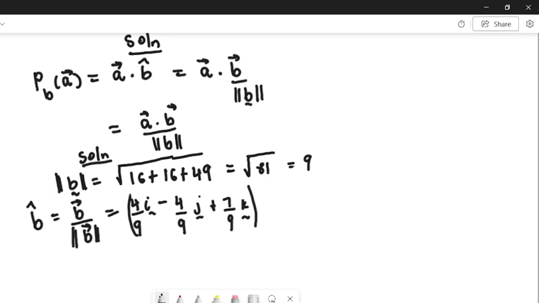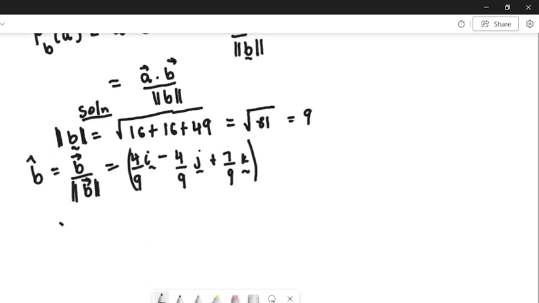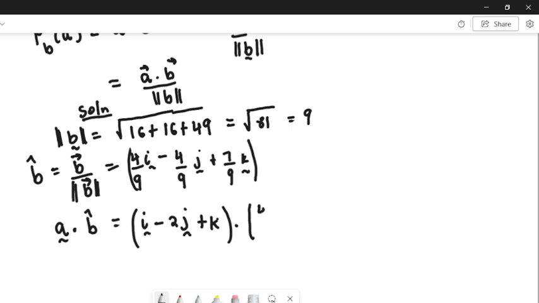Our next step is to multiply it by A. So we have A dot B hat, which is simply: our A is i minus 2j plus k, dotted with 4 over 9 i minus 4 over 9 j plus 7 over 9 k.